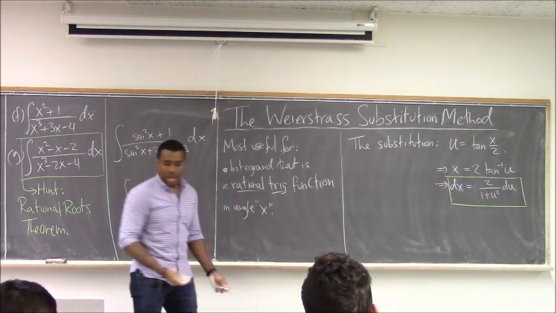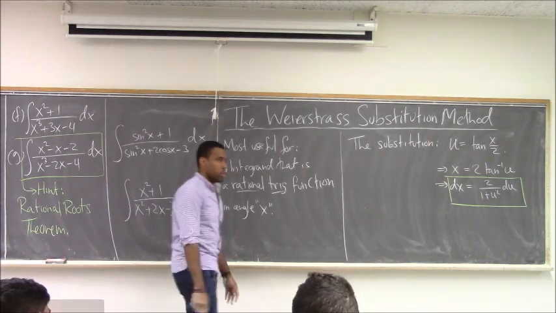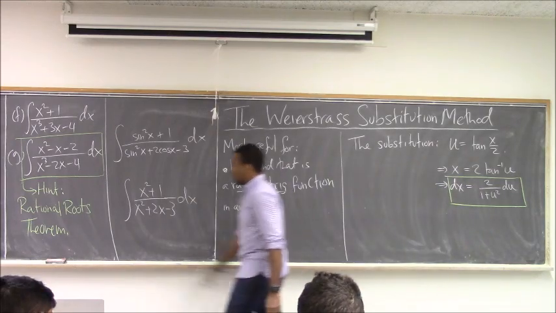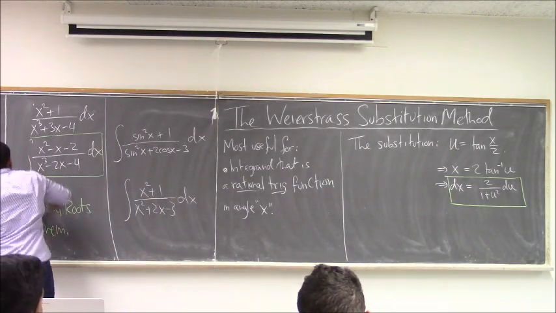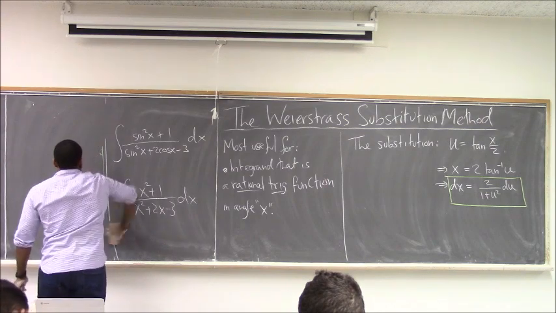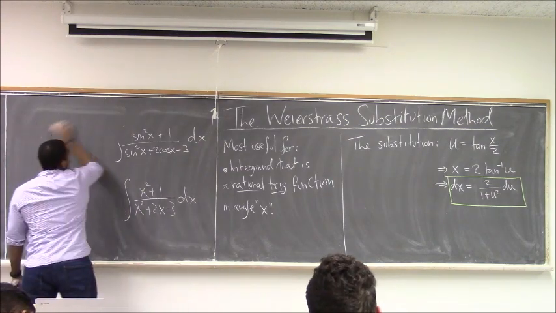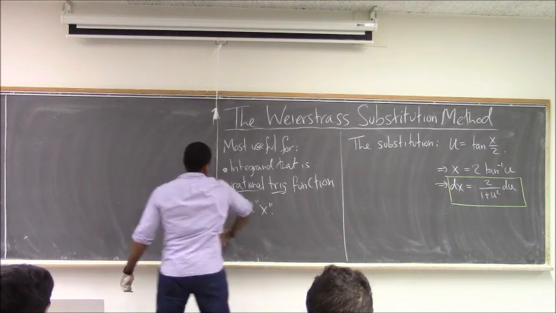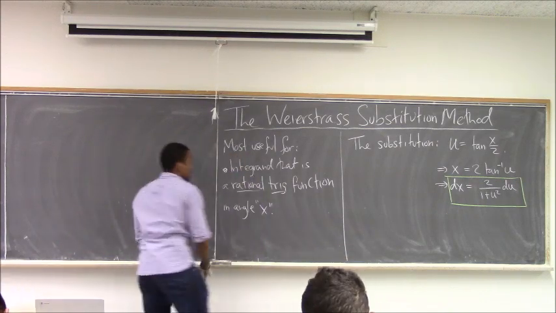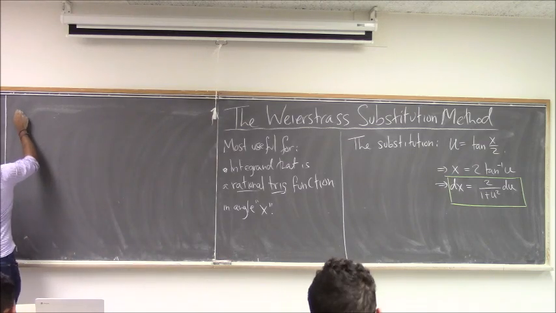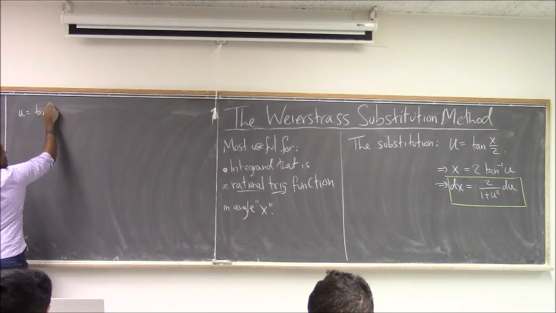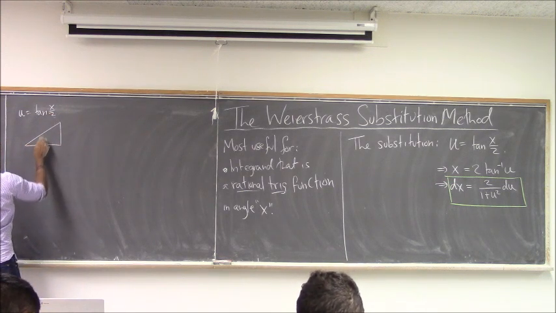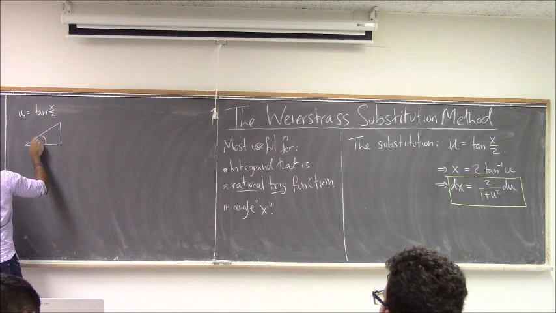Now I want to know, how would I deal with the different trig functions in this scenario? Well, what we're going to do is figure out what would the sine x and cosine x be under this substitution. And then using sine x and cosine x, I can figure out everybody else. So if my u is equal to tan of x over 2, this means there's a triangle where the angle is x over 2.